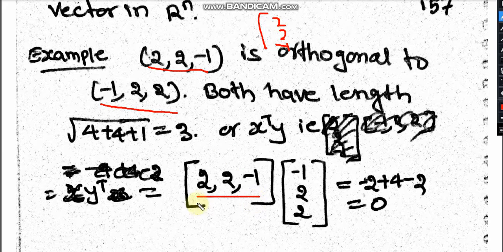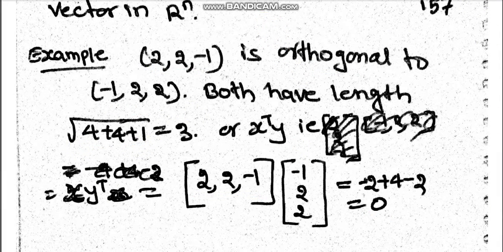When I take a transpose, it has to be written like this. And this is another y vector, minus 1, 2, 2. This is as it is, y we are writing. And if I multiply, see here we are getting it as 0, so they are orthogonal. So the example satisfies the orthogonality. And you can just check the length of each of the vectors. The length of each of the vectors is equal to 3. The length remains the same.